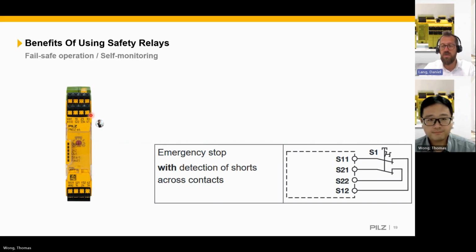And these pulses are used to detect possible faults. So for example, if a short or cross circuit arises in the input circuit, the safety relay recognizes it and switches to a safe state. And the safe state is de-energizing every relay inside. So there is no enabling path. It is the same as if it has no power.